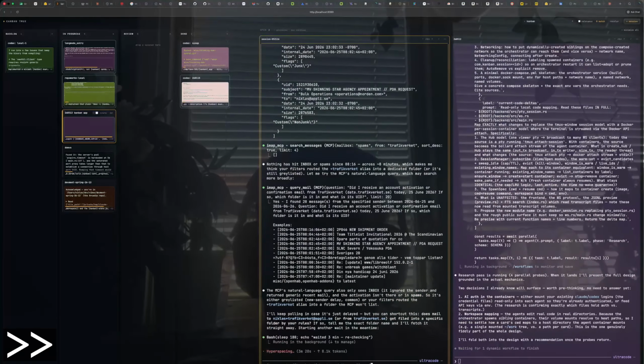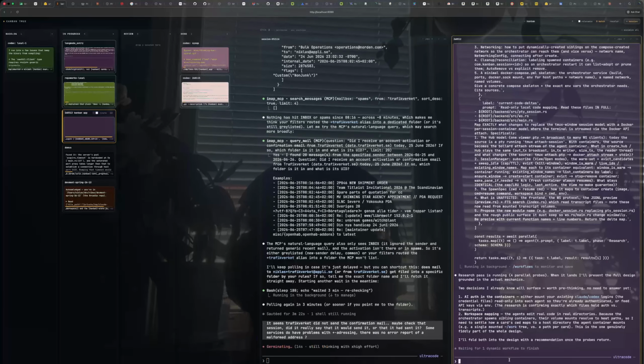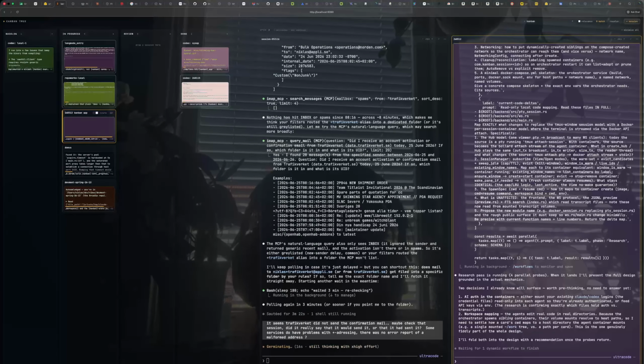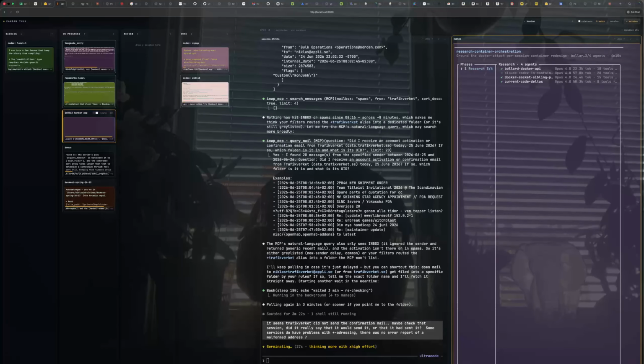Yeah, I think I will stop when this is researched. It's doing research here. So it checks the Rust crate Bollard, which is a Docker API crate.